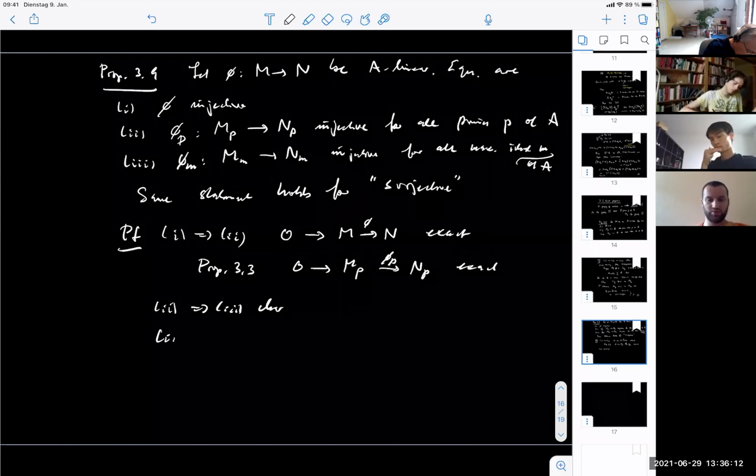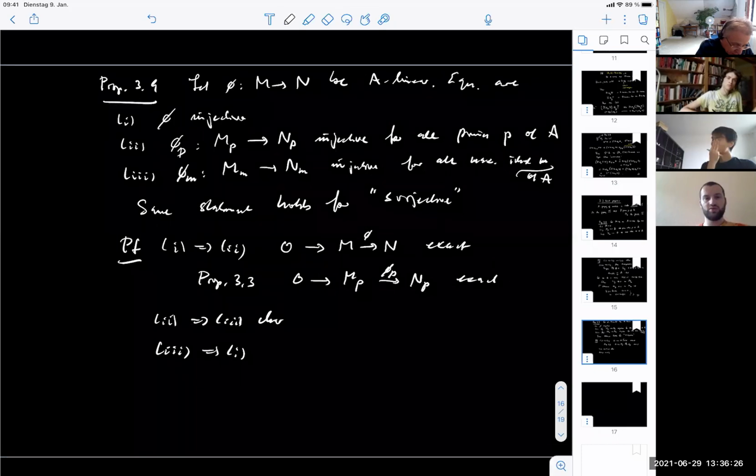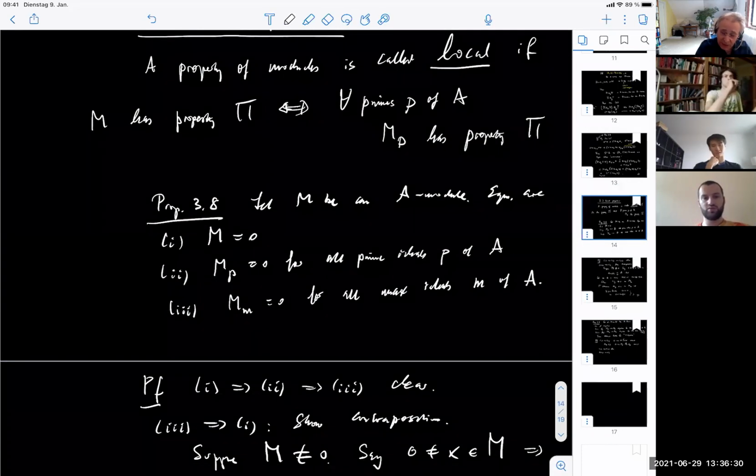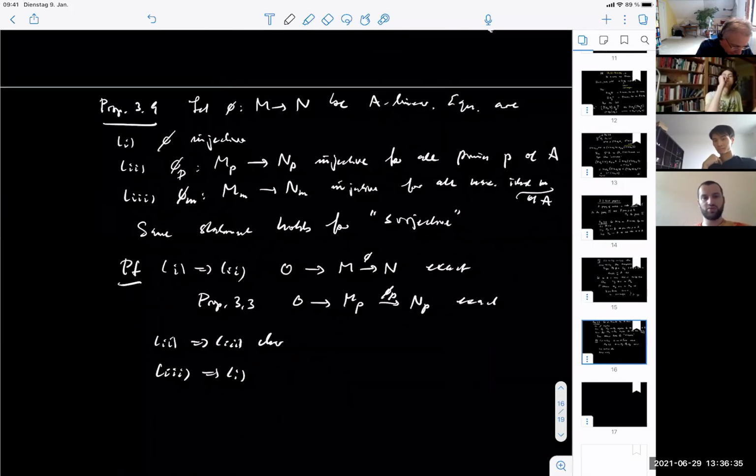So the only thing that remains to prove is 3 to 1. This is the interesting part, but it's not too interesting. The idea is that I reduce to this statement. Before, I showed that something being 0 is a local property, and now I want to reduce to that.